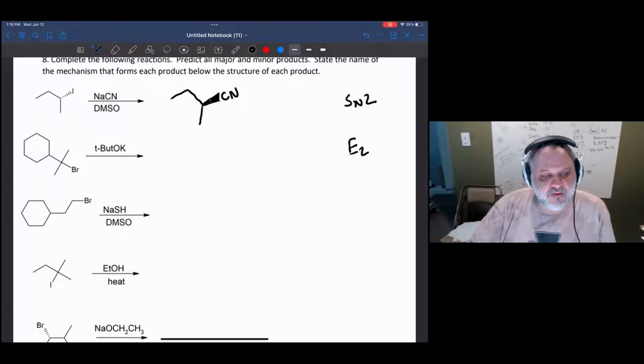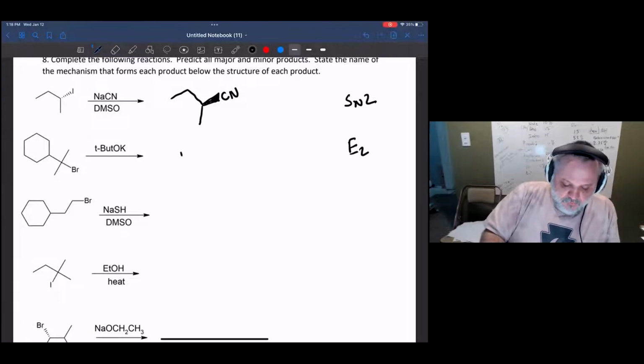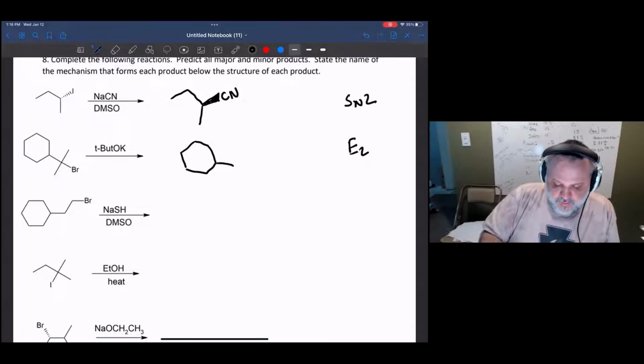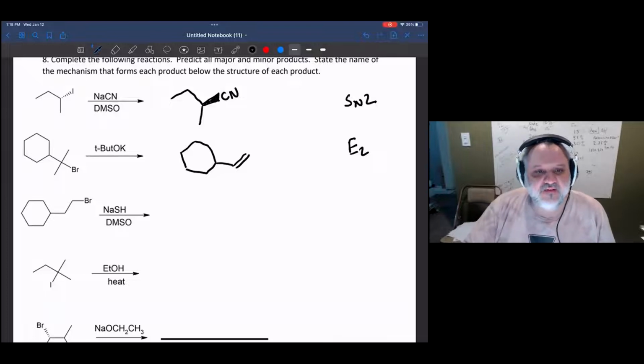And so that means I'm going to form the less substituted product because of the bulky base, which is less sterically hindered.